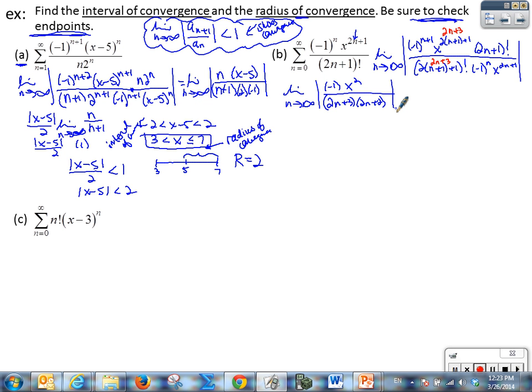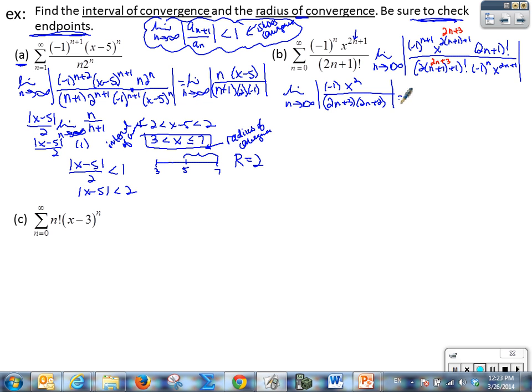Once we're simplified, then we go to that a little bit unusual step where we pull out of the limit the parts that the limit doesn't touch. Okay, the x squared is really the part that it's not going to touch. Now, do we need to keep the absolute value bars on it like we did on here? No. Is there any chance that x squared is going to be negative? No. So we don't need the absolute value bars.